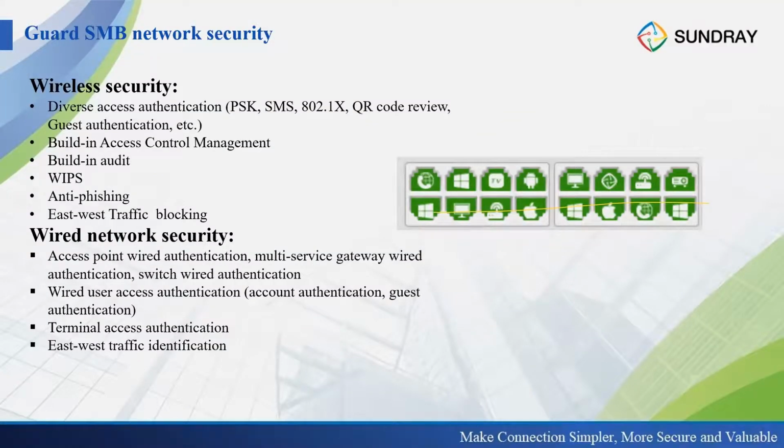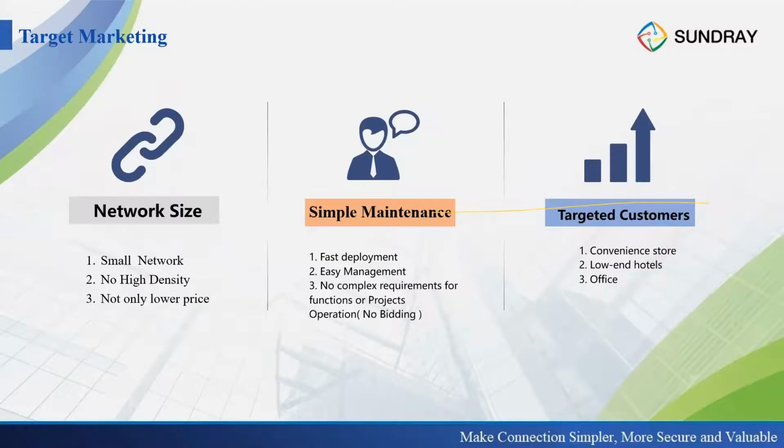So for this Charlie solution, the most important thing is security, because we have edge security for wired and wireless, like authentication and also east-west traffic control. This kind of solution is still in Charlie.